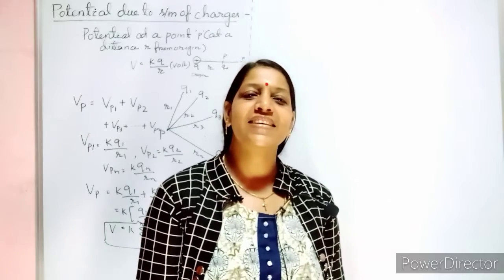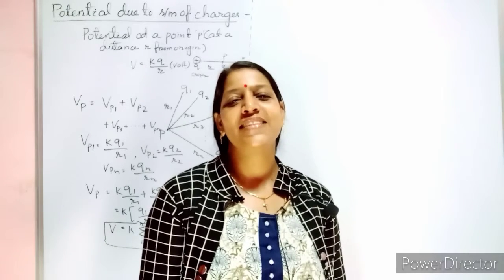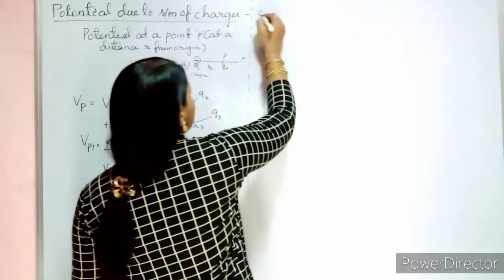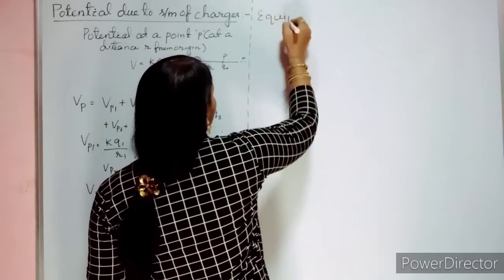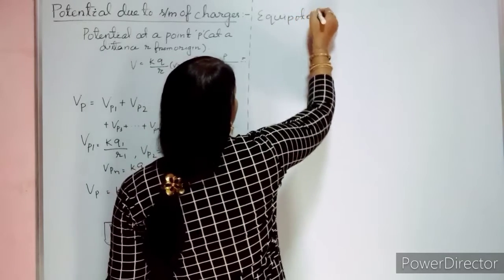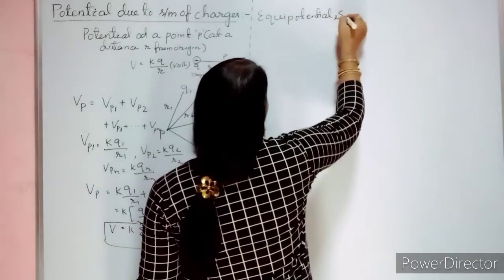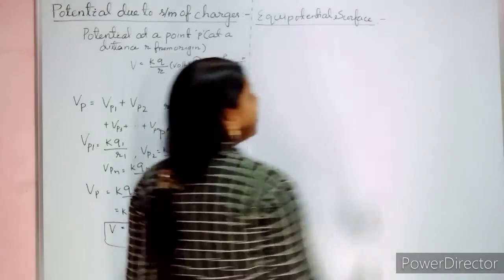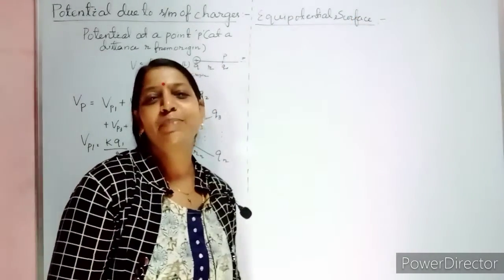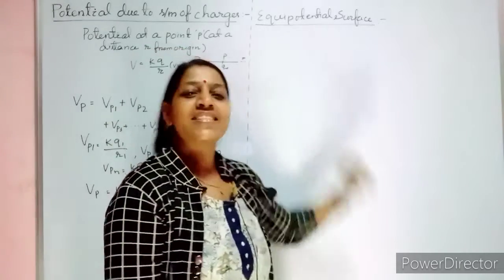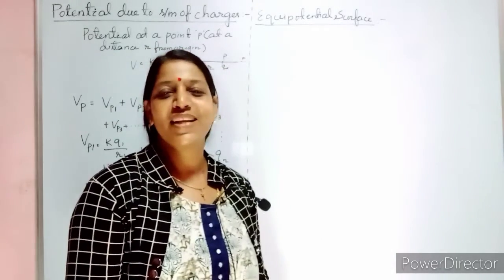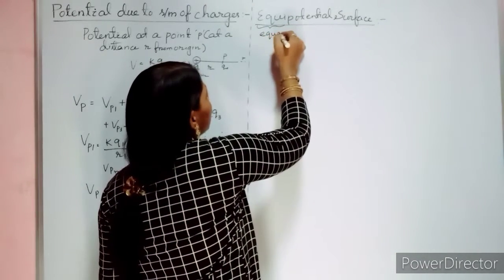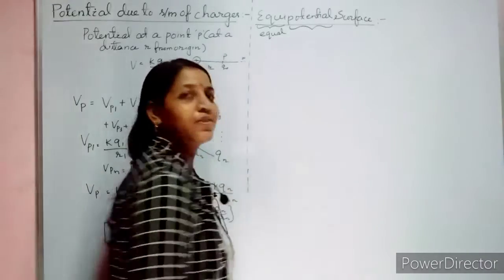Next, let us see the second important term, which is called equipotential surface. Make the heading equipotential surface. See, the term itself gives the meaning. What is an equipotential surface? Equi means equal. Potential, which potential?